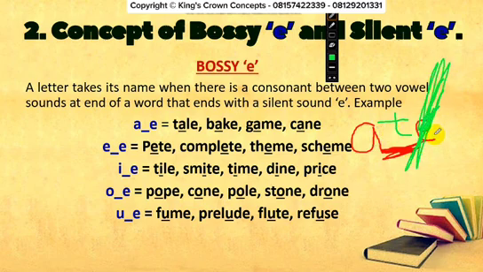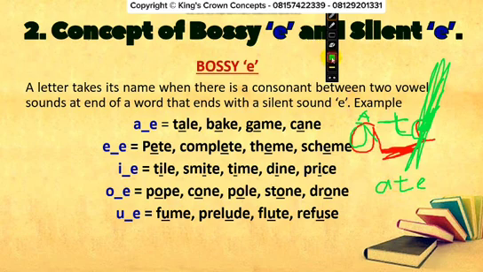And because it became silent, sound A on its own says, since I'm not talking to E again and it's silent, I will take my name as A. So when you see sound A and there is a consonant and letter E is at the end and is silent, you, the teacher, know that it is silent. So this one now takes its name. So you now pronounce it A, and that's why the spelling still remains the same.